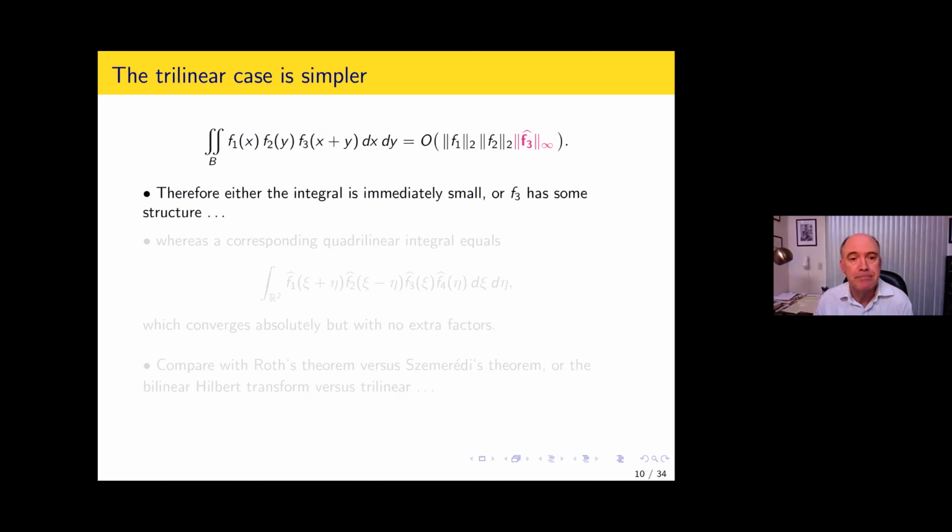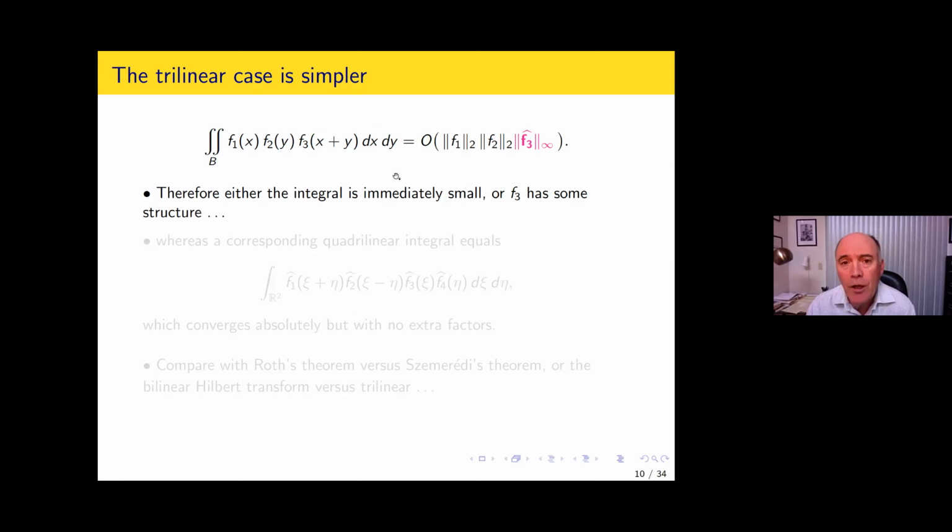Now this is well known to many of you, I'm sure, but the trilinear case is much simpler than the quadrilinear case. Suppose that we're integrating over a ball in R2 with coordinates x and y, and we have f1 of x, f2 of y, f3 of x plus y. That's a linear case, so my conclusion doesn't actually hold.